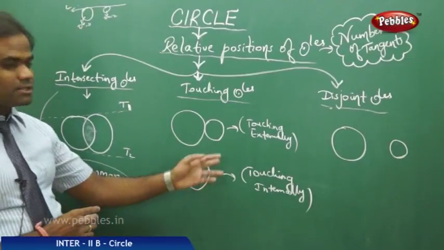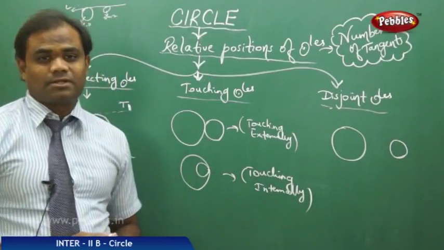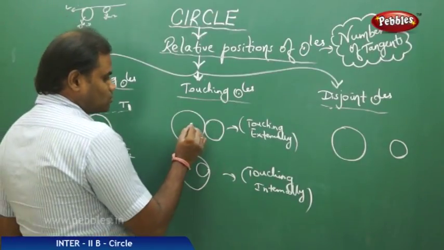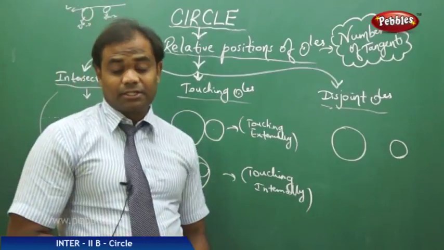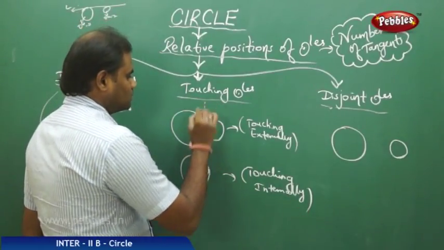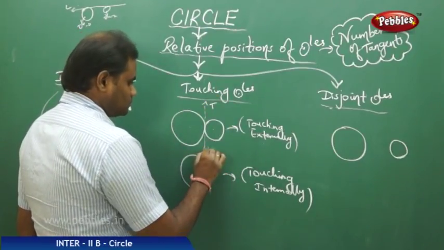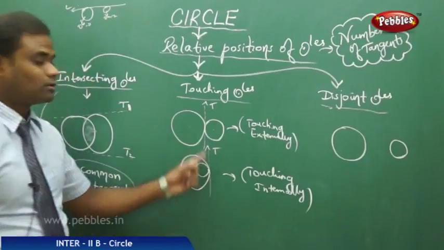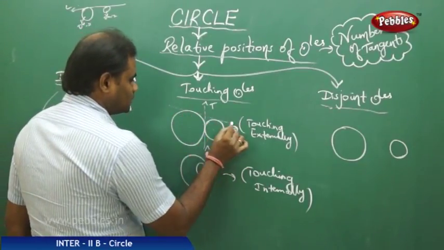Now when I have touching circles, let's see how many common tangents can be drawn, for the two cases of touching externally and touching internally. In this case, I have tangent 1, and only one tangent can be drawn for these two. And also I have these.